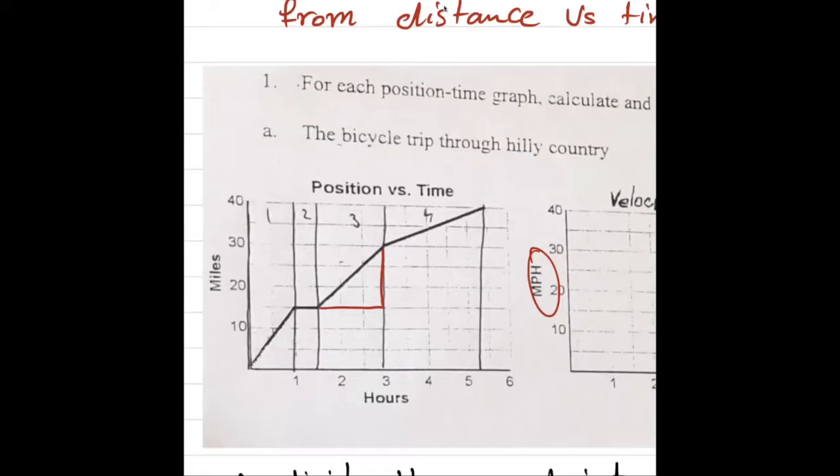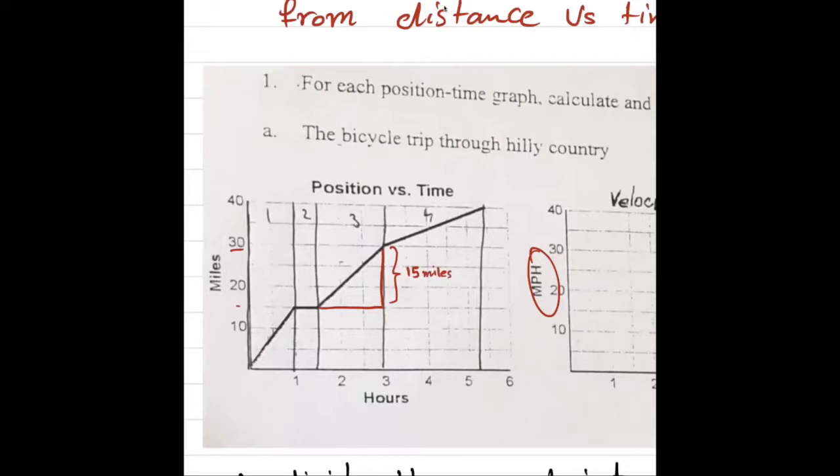So we'll take the rise, or we can call it the height, and we can easily find it from the graph. It's 30 minus 15, and that should give us 15. And of course, that's 15 miles.